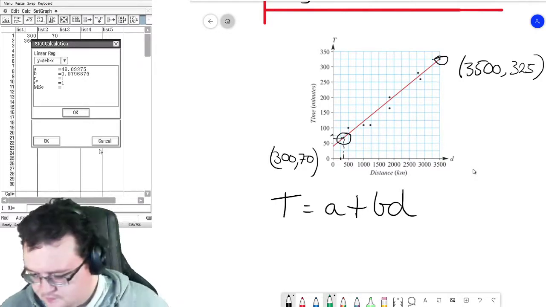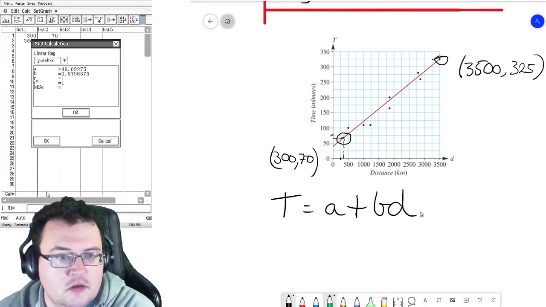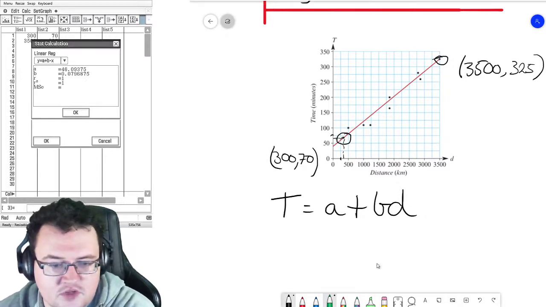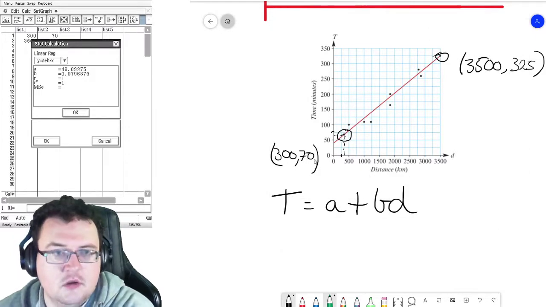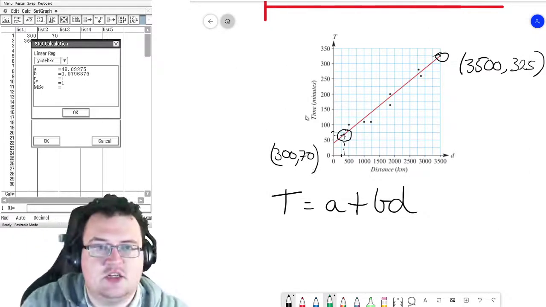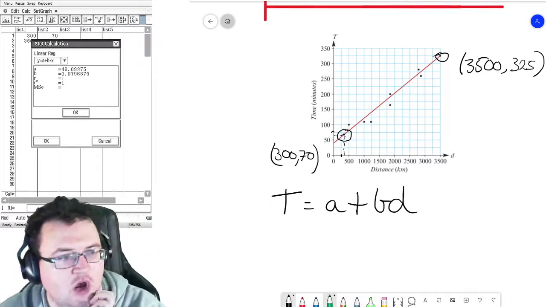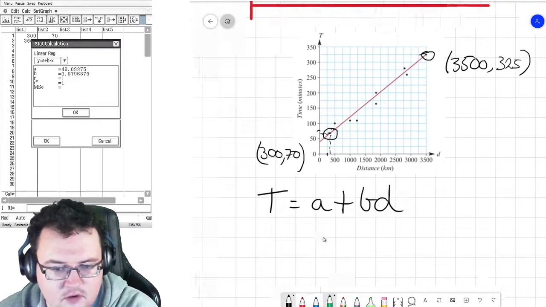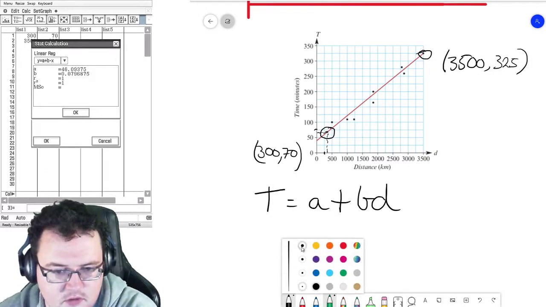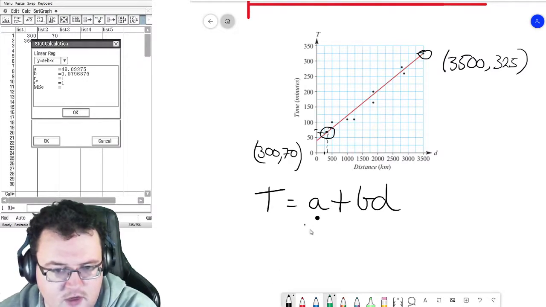So the time it will take will follow what it says on our CAS, the formula. So our A value is going to be 46.09375. Hang on, I don't want that one, I want the nice thin one.